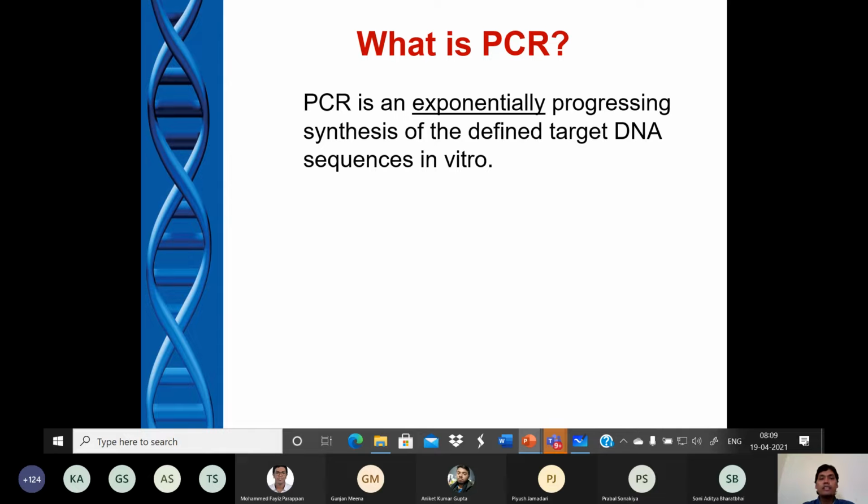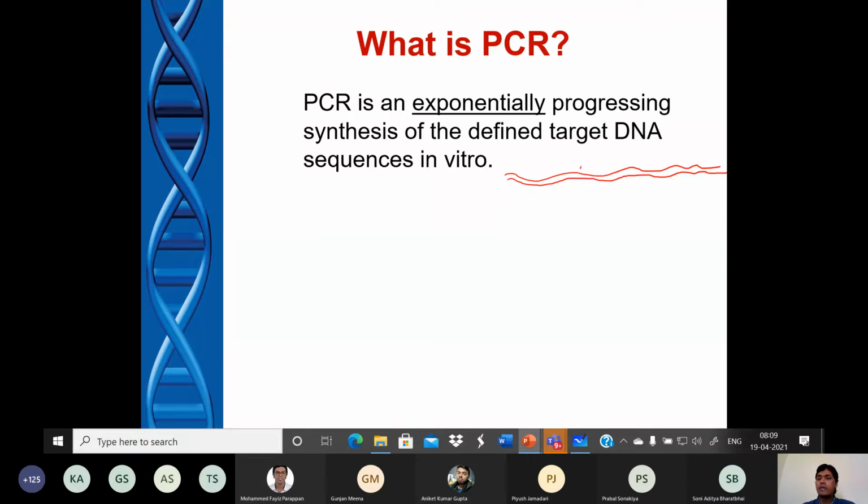And what happens here? The PCR is an exponentially progressing synthesis of the defined target DNA sequence in vitro. Let me explain that. If you have one big long DNA, something like one human DNA, it can be too long with so many sequences.